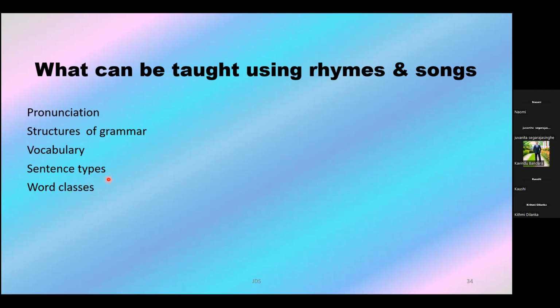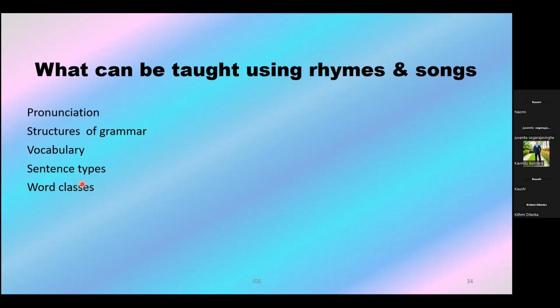Sentence type, mainly for intermediate and advanced learners when songs are being utilized. Simple sentence, complex, compound, right? So different sentence types, SVO, SVD. Word classes, adjectives, you find a whole lot of adjectives and adverbs used in the songs.